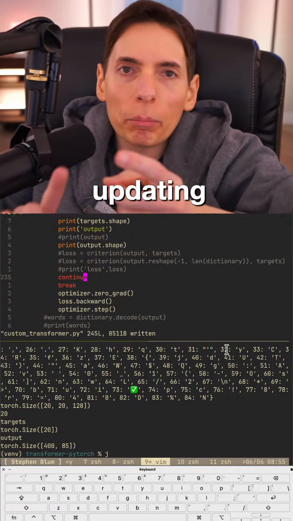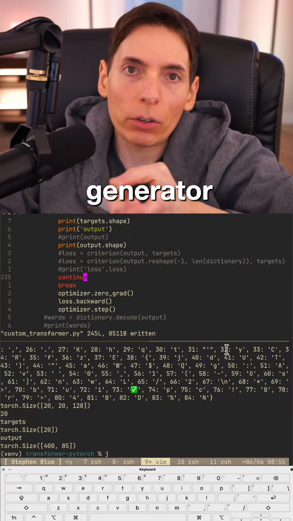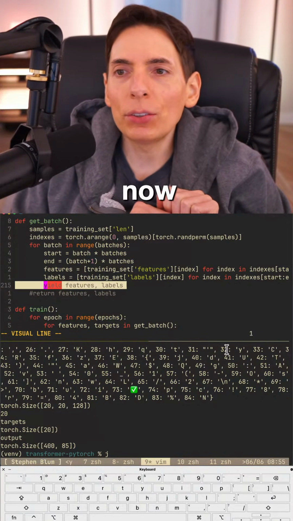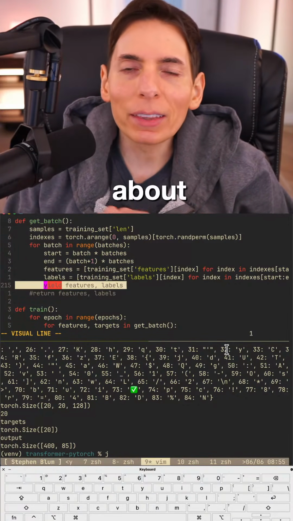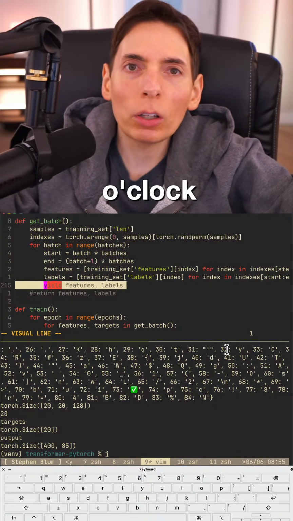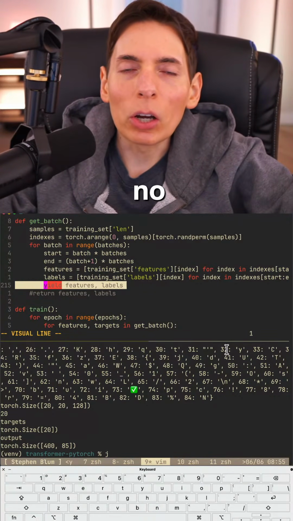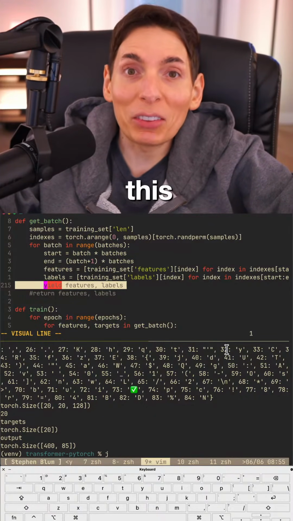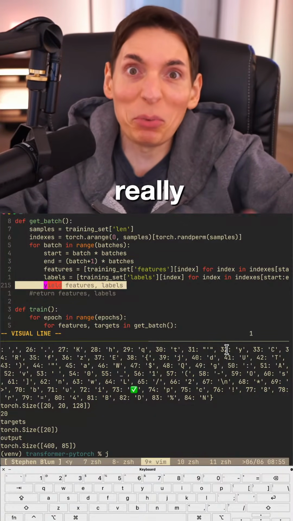So we're updating our batch to be a generator. Right? We're using the yield operator now instead. Here's the deal. I woke up at 2 o'clock last night and I'm like, oh no, I don't know how to solve our problems. I was thinking about this problem right here. This is not a joke, this really happened last night.